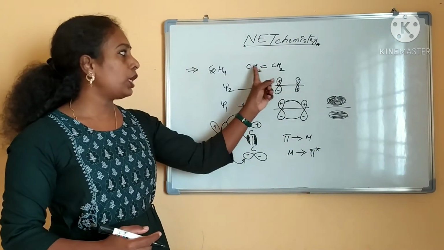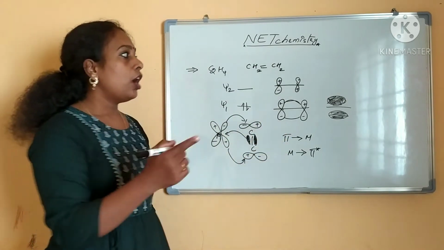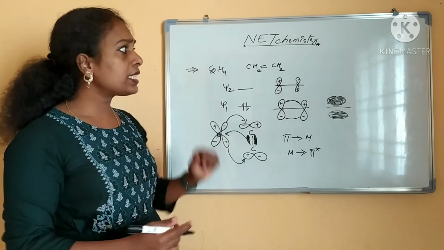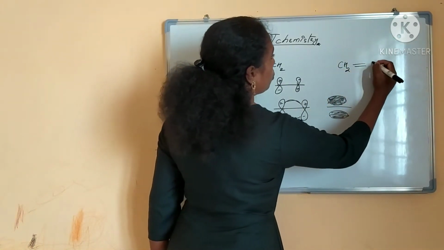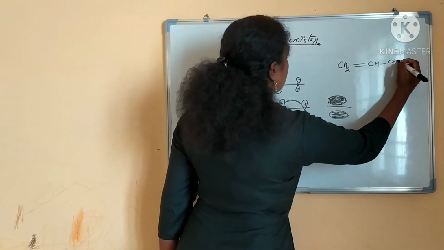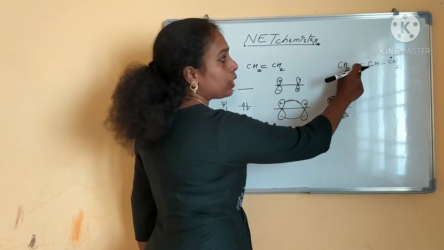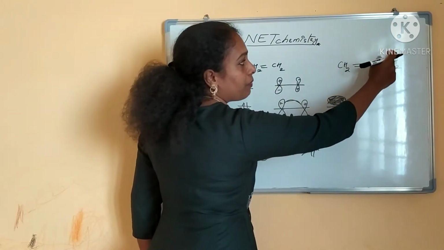So the C2H4 ethylene molecule also will act as a pi acid ligand. How many electrons is it giving? 2 electrons, right? So next example, I will write allyl radical. If you see allyl radical, CH2 double bond CH, this is an allyl radical, right? It can act as a 2 electron donor. This pi bond it can donate, and here there is also 1 free radical.